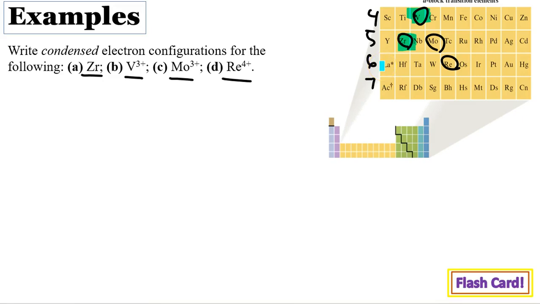We also have our Mo, which is also in period 5, but one thing we have to talk about here is it's in the same group as chromium, and chromium was one of our exceptions. So because Mo is in the same group, we want to make sure that we are treating it just like we would chromium. Just keep that in mind.